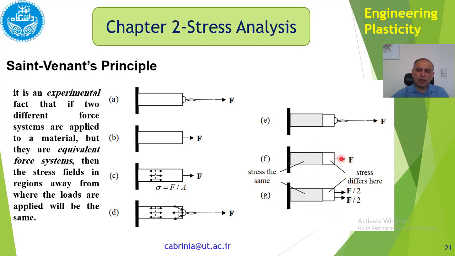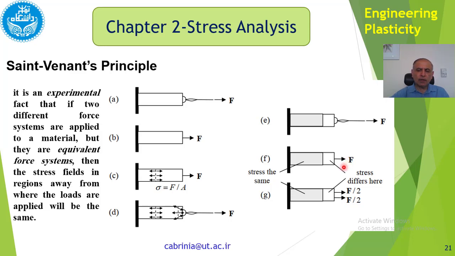What Saint Venant says is this. In these two figures, if we have a force like that, obviously the stress will be F over A at some point in here. But if we divide this into two equal parts, F over 2, F over 2, applied in the same direction, this is obviously equivalent.